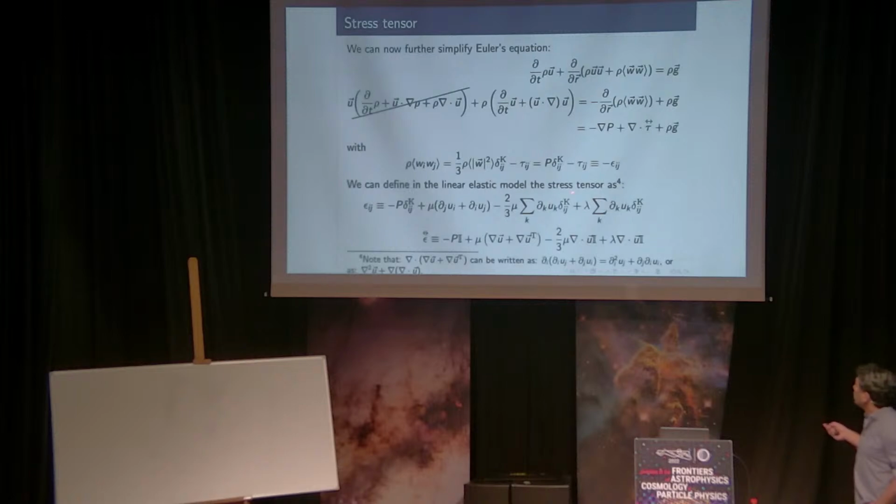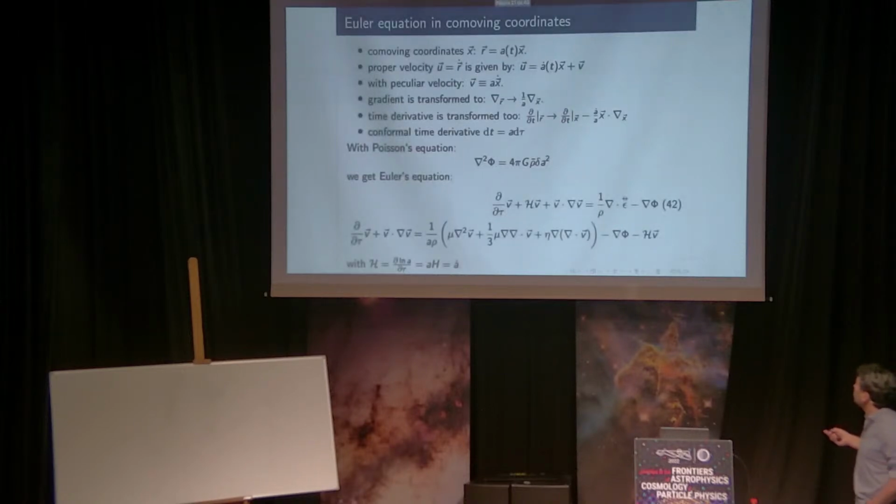In any case, what I want you to take away is that this term here will model the highly nonlinear structure formation. Now, what we usually do here is a transformation to co-moving coordinates, taking into account the peculiar velocity.